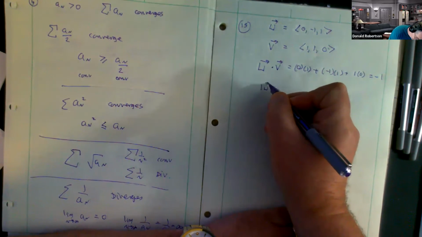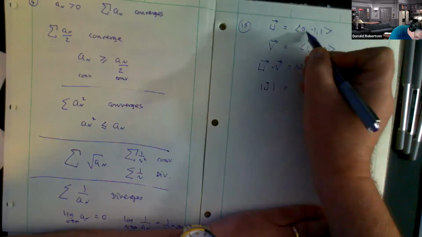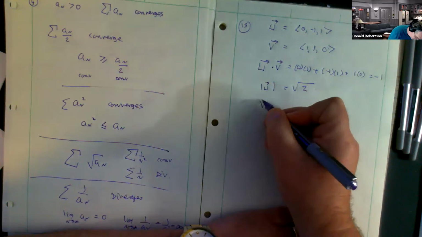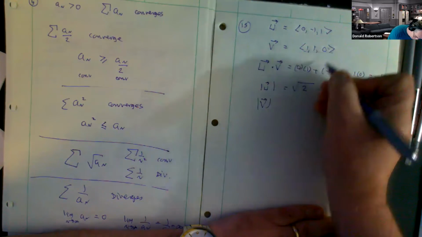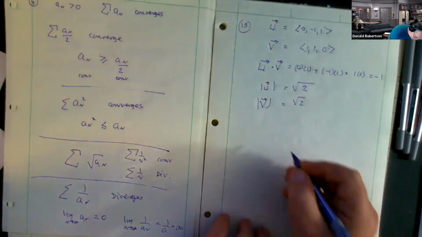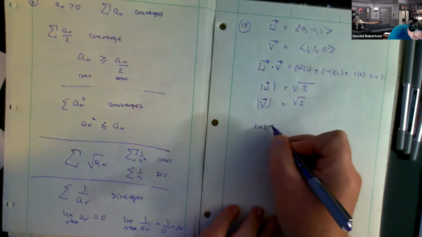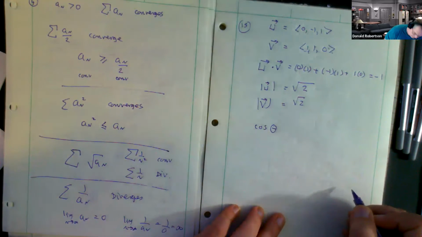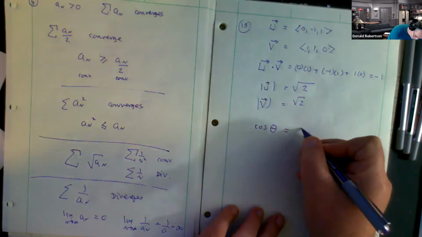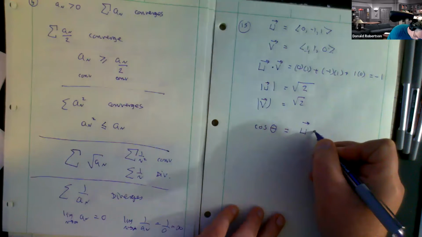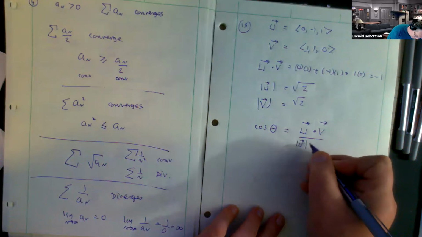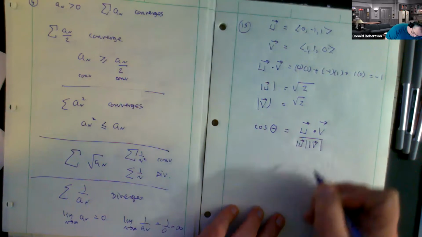I'm also going to find the magnitude of u, which in this case ends up being the square root of 2, and the magnitude of v, which if you go through it is 1 squared plus 1 squared, gets you square root of 2. And we have a formula for finding the angle between 2 vectors. It says that the cosine of that angle is the dot product of the 2 divided by the product of the magnitudes of the 2 vectors.